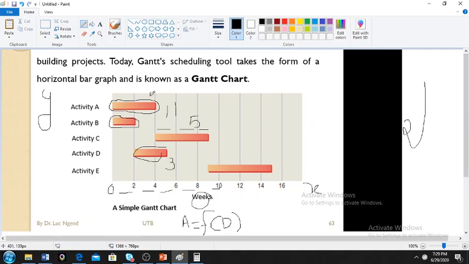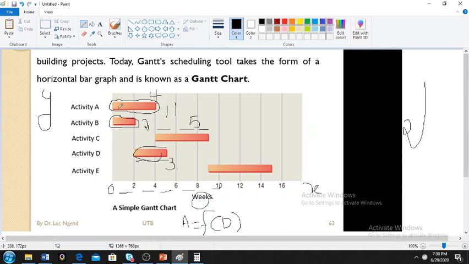So this one takes 4 weeks, this one takes 2 weeks, and D takes 3 weeks after B, because we have 2 plus 1. You get that? Approximately 1, so it's going to take 3 weeks approximately. It can be 3 point something, 3.2, whatever, but I don't want to enter into those.